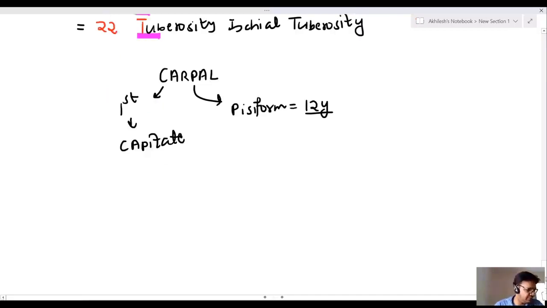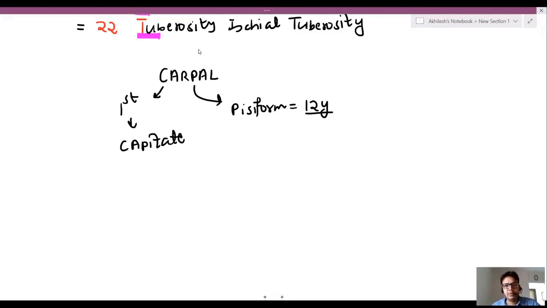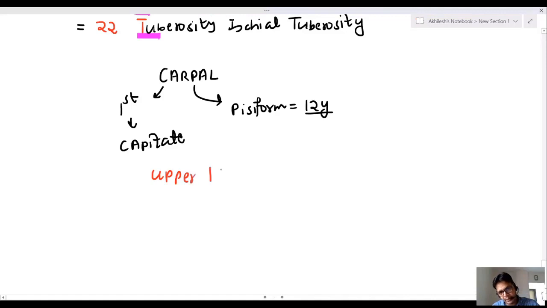The first carpal bone to fuse is capitate. Pisiform's maximum age of fusion is 12 years. Carpal bones are done. Now what about upper limb and lower limb?